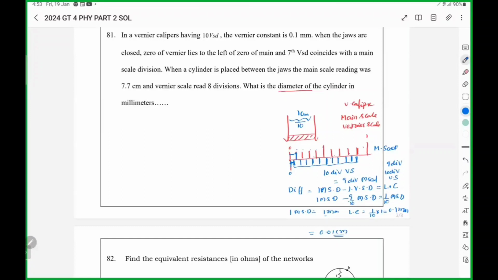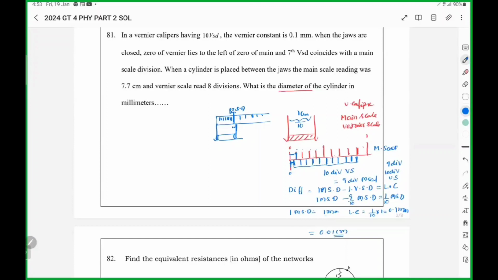Now, to measure the diameter of a cylinder that we put between the two jaws. Suppose here this is the main scale. Somewhere here, let us say 1 centimeter, and the vernier scale is here.